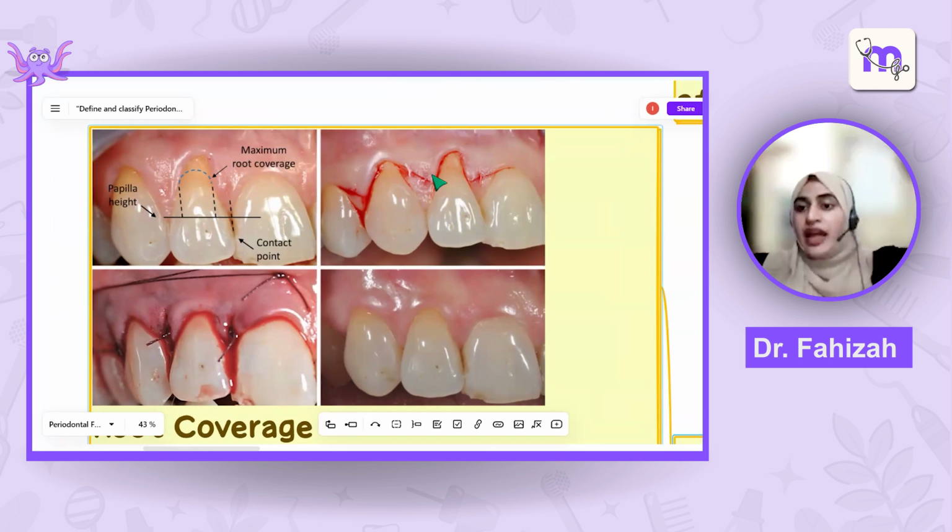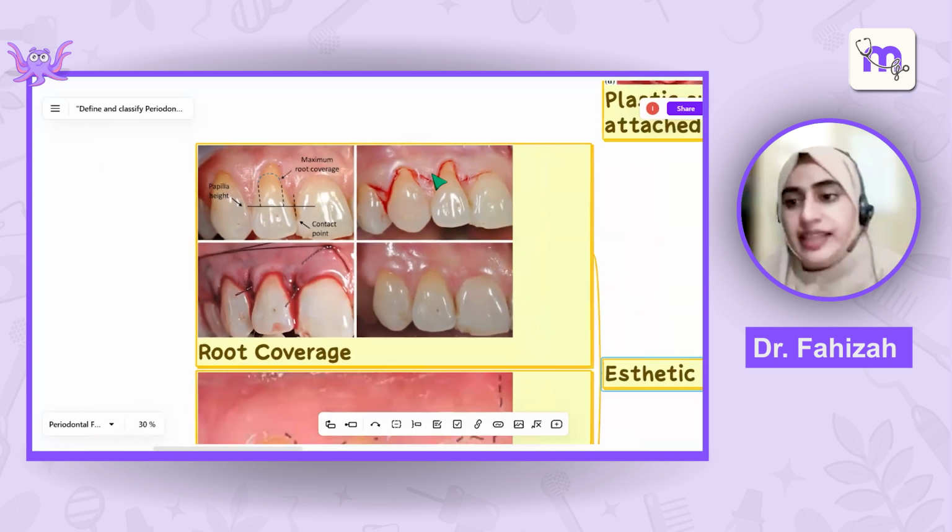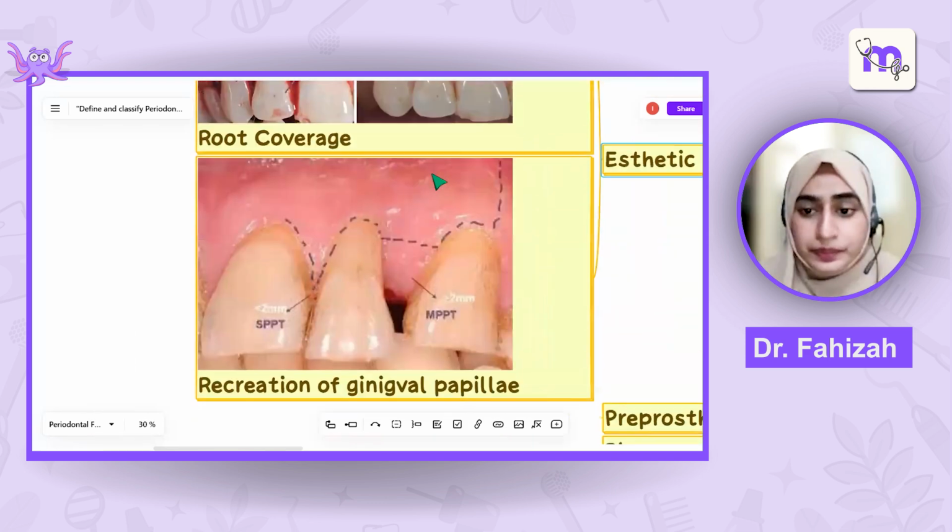You open the flap and then you either get it down and cover the root, or in some areas you have to push it more down, especially in the furcation areas, which we'll be discussing further. That will be your displaced flap. If it is not displaced, or if you're placing it back at the same position, that becomes your undisplaced flap. Again, that we'll be discussing in depth again.